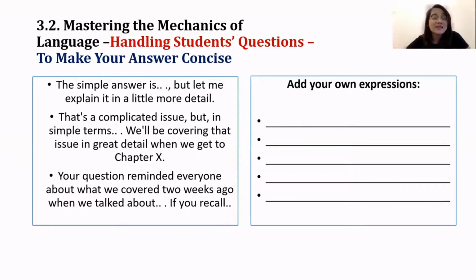How will you make your answer concise? Remember, you can always just modify the expressions provided there, or you can make your own. Maybe you can come up with the expressions that you once used when you were doing TA or being a TA.